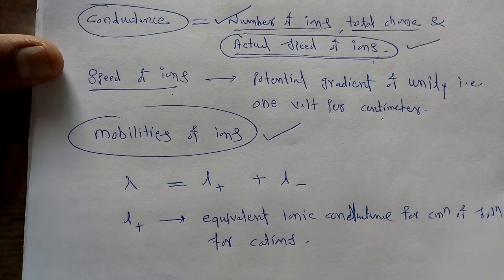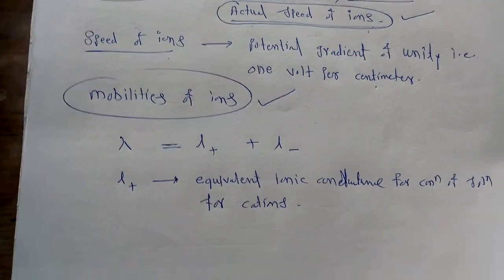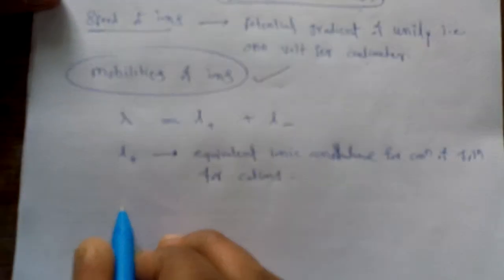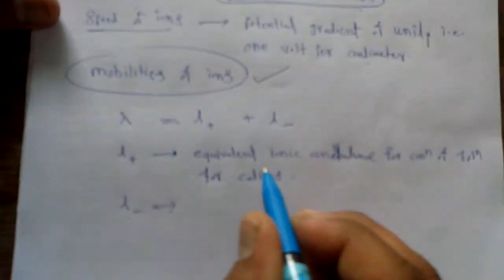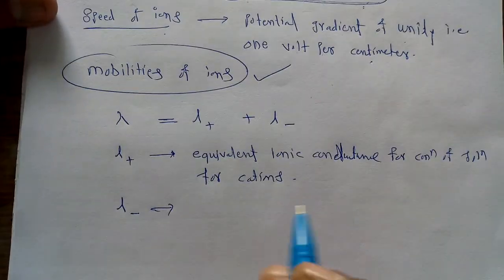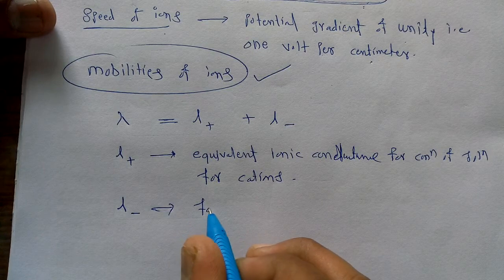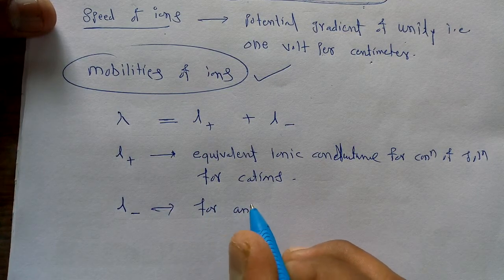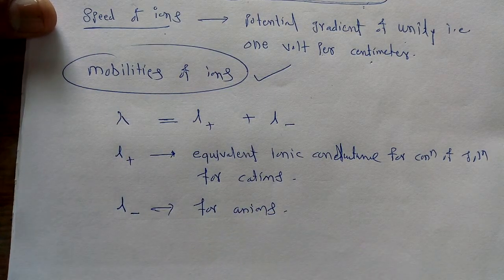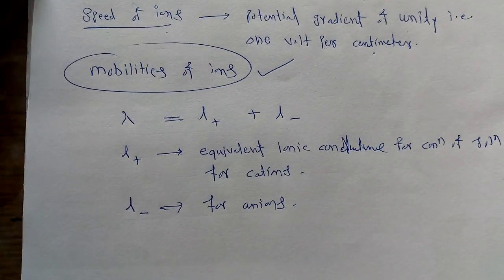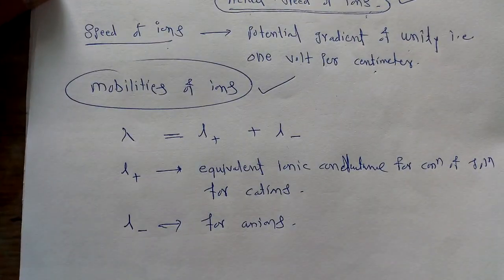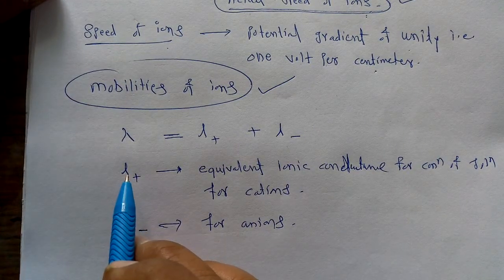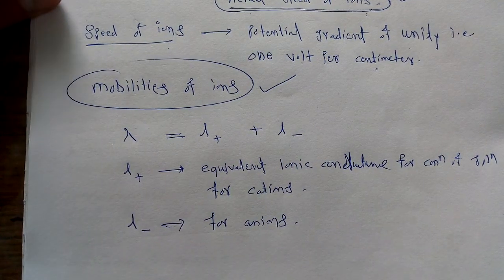And the second important parameter in this equation is L minus. What is the meaning of this? Again, it is the equivalent ionic conductance for the concentration of solution for anions. So we have to take into consideration these two equivalent ionic conductances, of cations as well as anions, in order to calculate the equivalent conductance of a particular electrolytic solution.